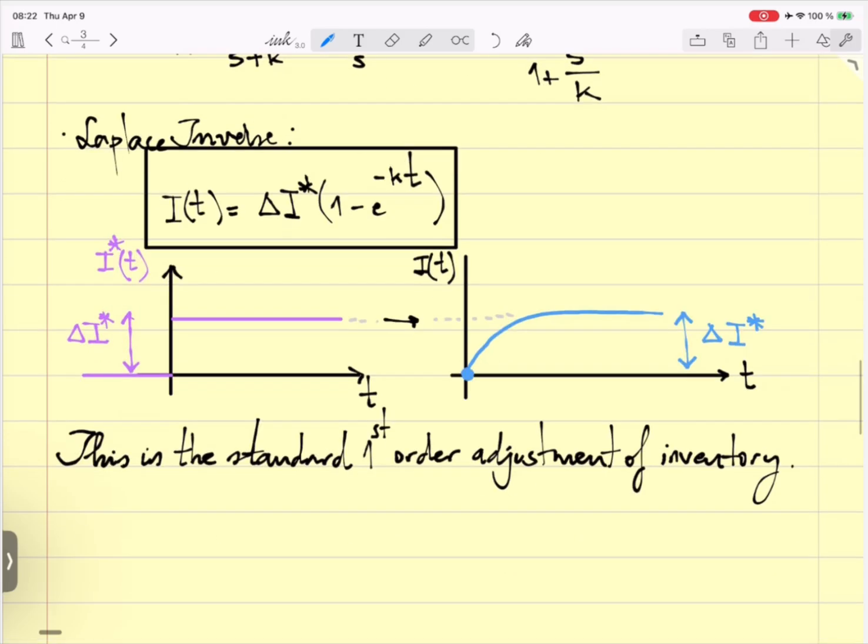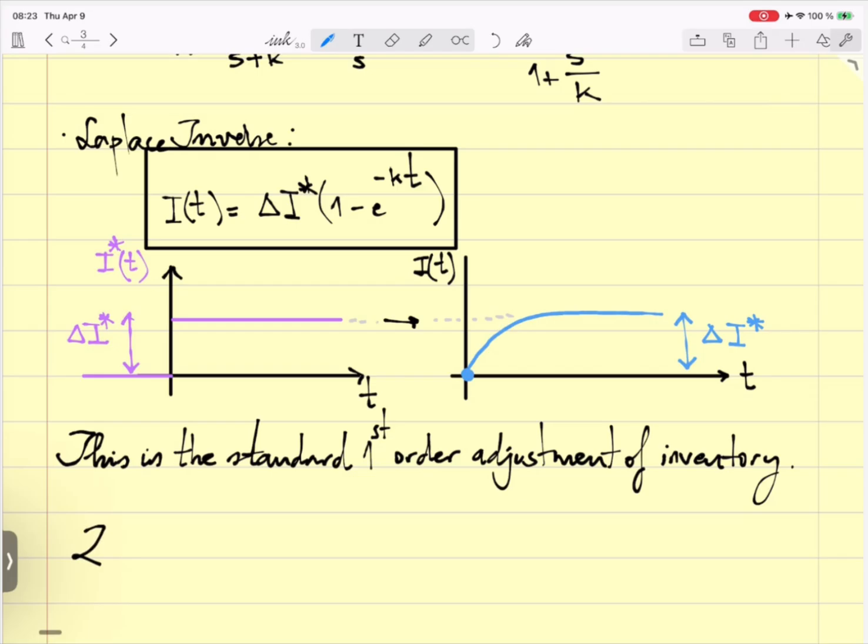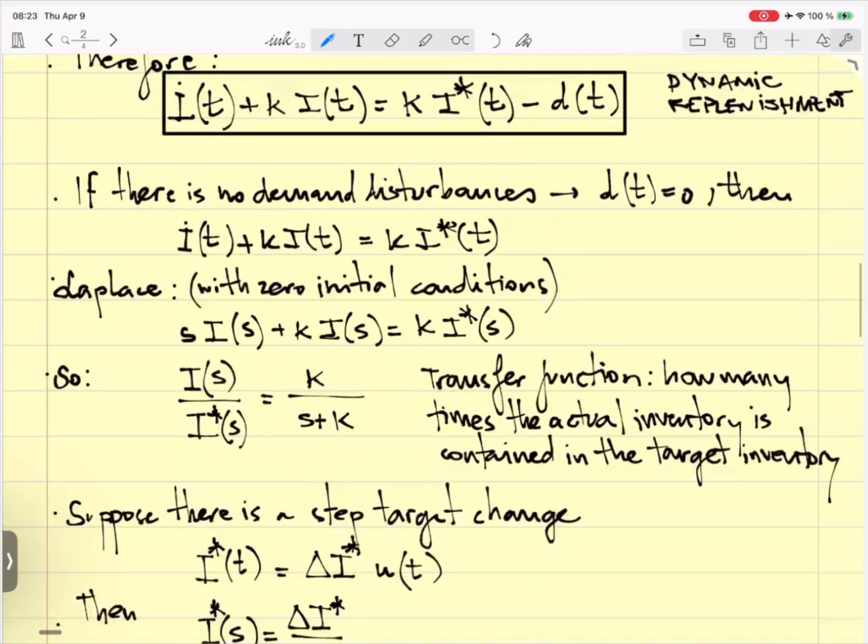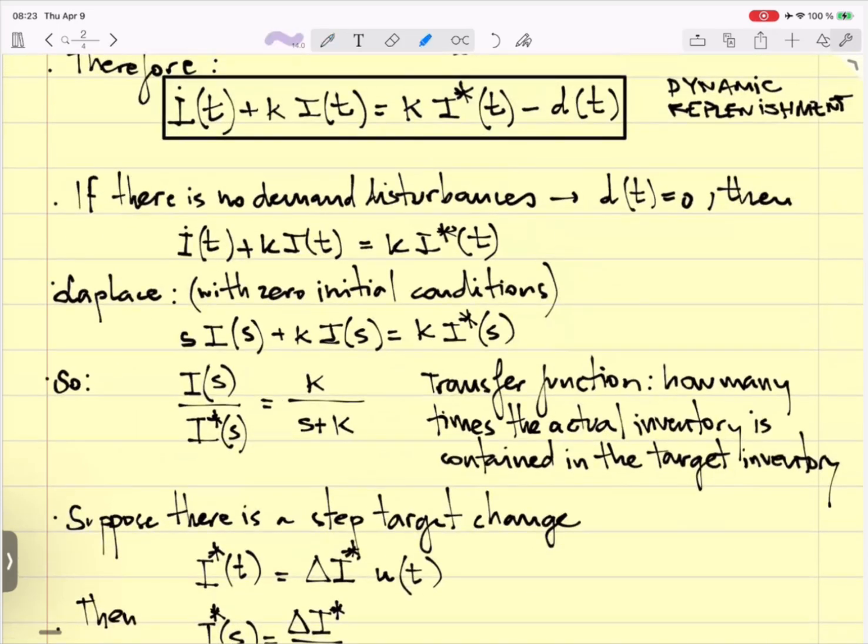Okay. So now what happens if we have a demand rate disturbance? Remember above we said that demand is 0.